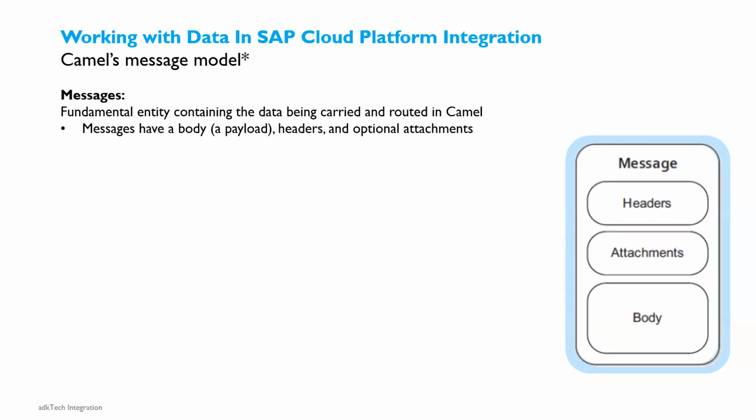This is a fundamental entity that contains the data being carried and routed in Camel. Messages are uniquely identified with an identifier of type Java, and its classical data type is a string. You can see java.lang.String.